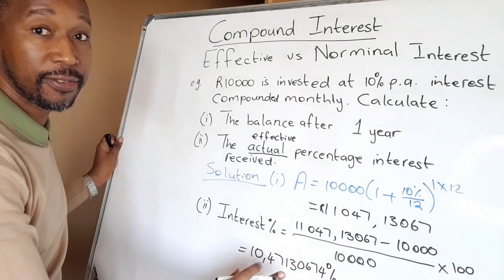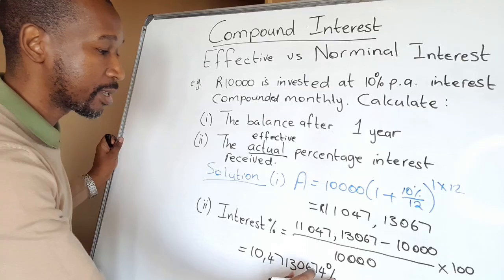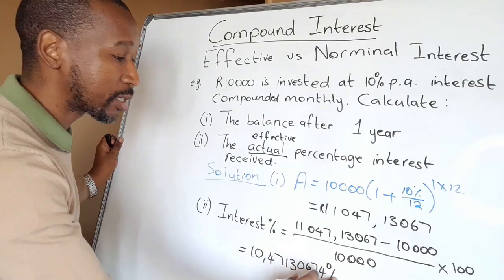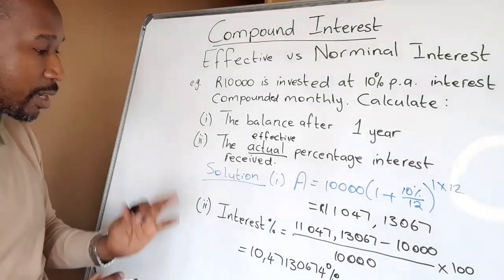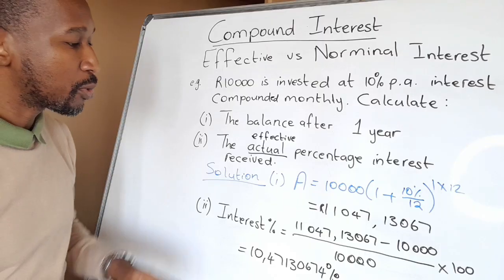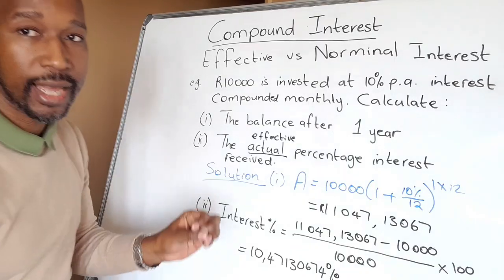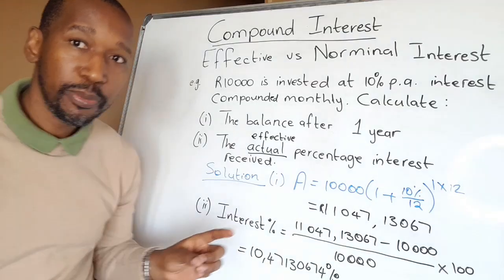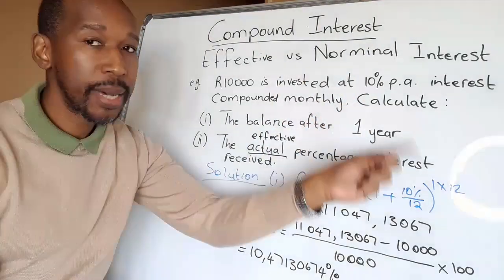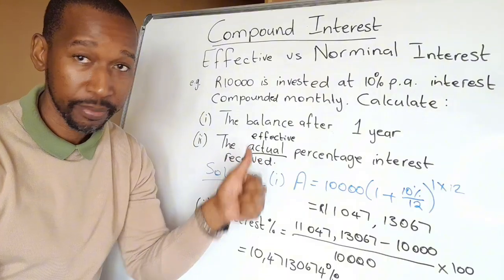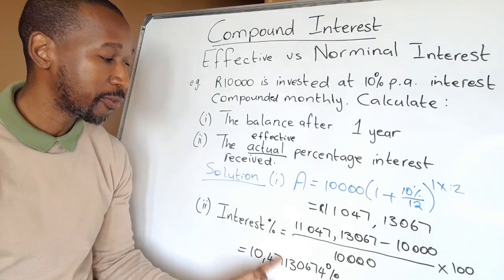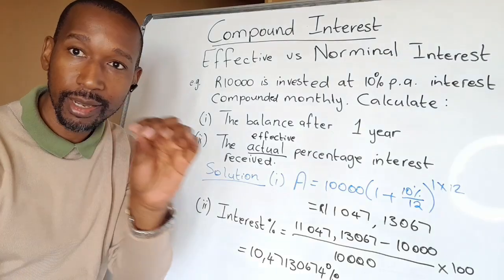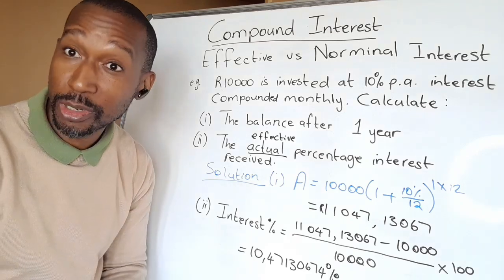Again, I will just leave this number as it is so that you can clearly see what I want to show you. So what does this mean? This means that the account promised 10% per year, which is per annum. However, the person actually got 10.47% as interest. That's good.